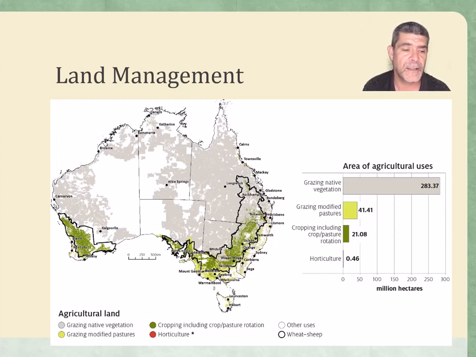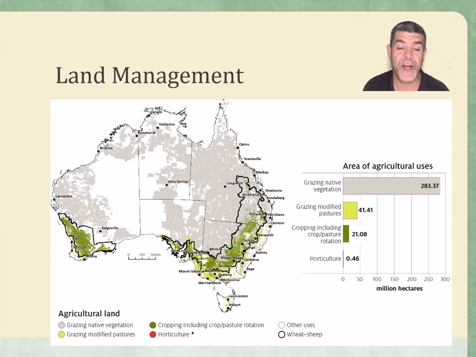This is a nice little visual which shows how Australia basically can be divided up on the basis of different types of land use. So you can see a large section in the middle away from the coastal margins, and also particularly towards the centre and north. Most of the grazing is of native vegetation.